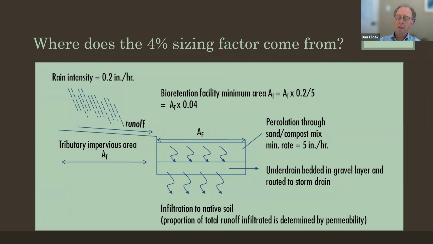The criterion still appears in all the permits, even though the method that it was designed for is now not allowed. You can't use a settling basin as a treatment mechanism. So that particular criterion is kind of out.